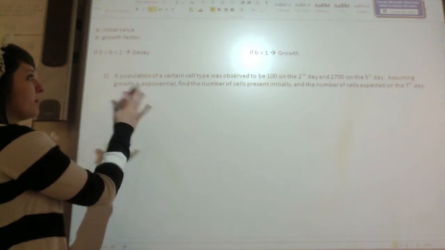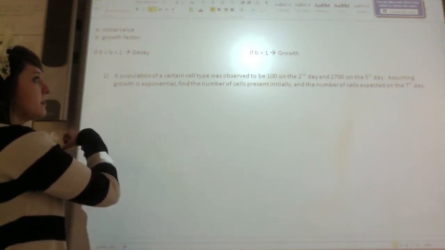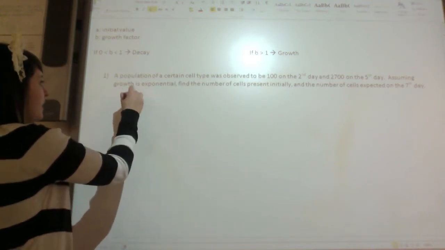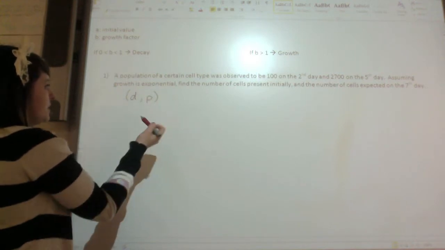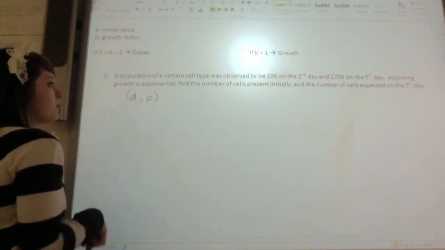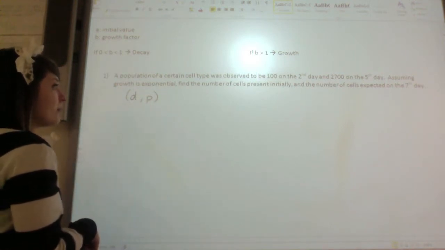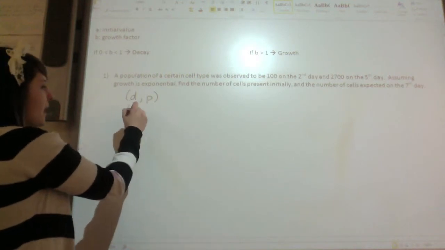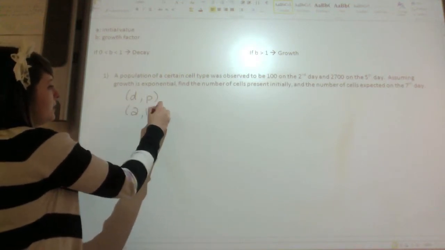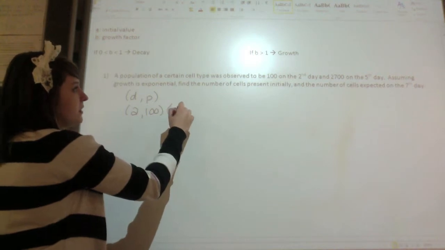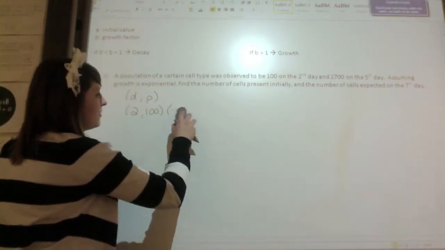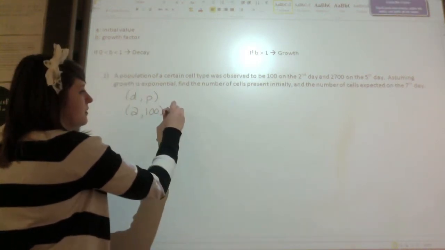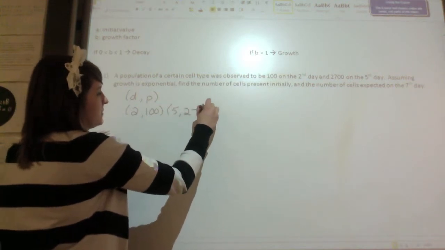So I've got population and I've got number of days. I'm going to say days and population. So days is my x value, population is my y value. So the points that I have are (2, 100) and (5, 2700).